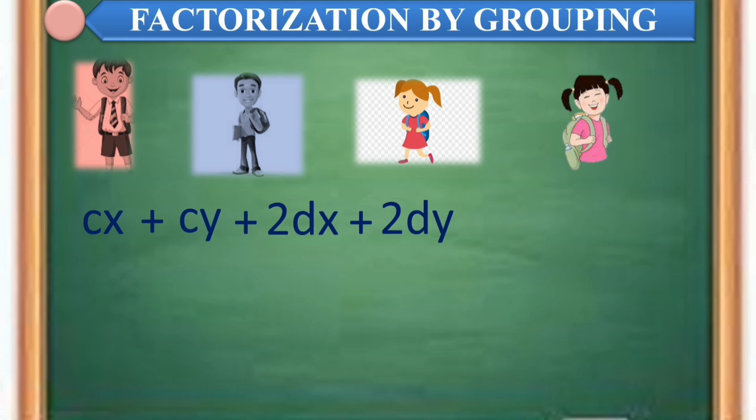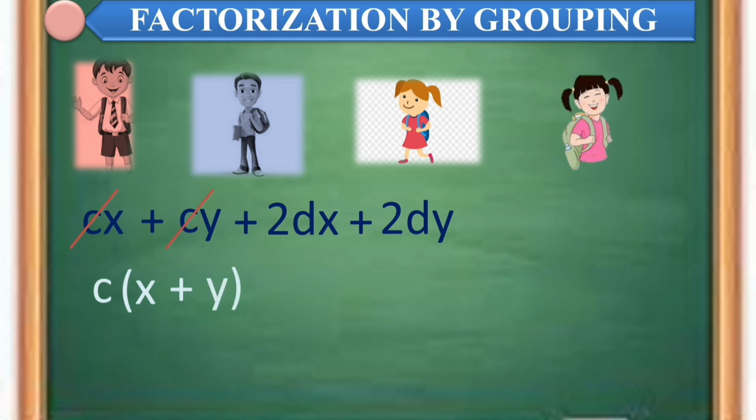You notice that there's something common between the first term and the second term. c is common. So we bring c out. Now c into cx will be x, so we write bracket x, then plus c into cy, it's y.